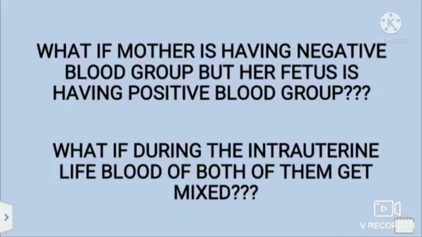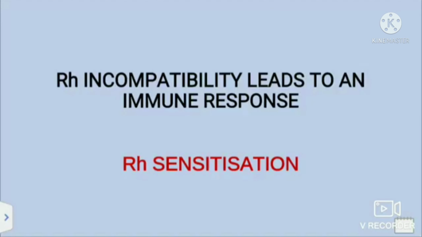So when we are talking about the state of pregnancy, what will happen if the mother has a negative blood group but the fetus has a positive blood group? Or what if during the intrauterine life the blood of both of them gets mixed? So this RH incompatibility will lead to an immune response in the mother that is known as RH sensitization.